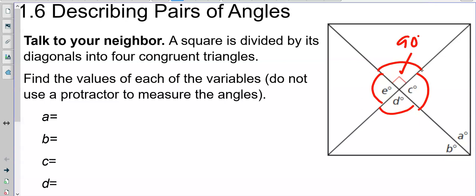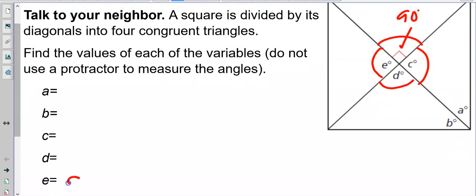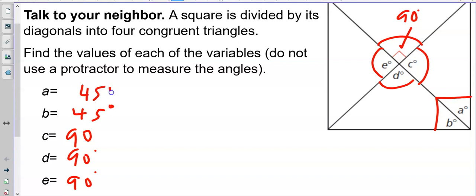So E, C, and D are all 90 degrees. Okay? And then here, since it is a square, that's 90 degrees right there, and A and B are equal to each other, is bisected, so 45 degrees.